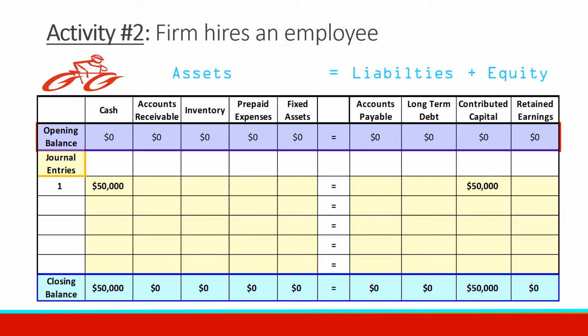By simply hiring the employee, none of the accounts have changed in value. Once the employee starts working, then there will be a change in the economic value of the firm. So this particular activity, while significant, does not result in a journal entry.